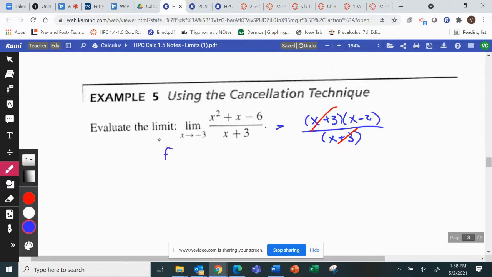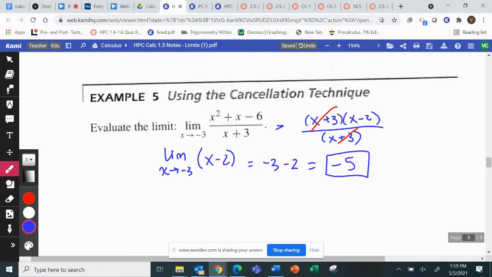So now I can look at the limit as x approaches -3 of x minus 2. With direct substitution, -3 minus 2, I get -5. So that's the limit. But if I were graphing it, that would be a hole on the graph.